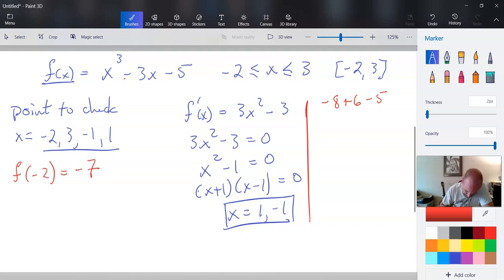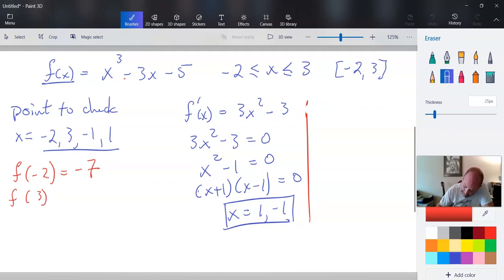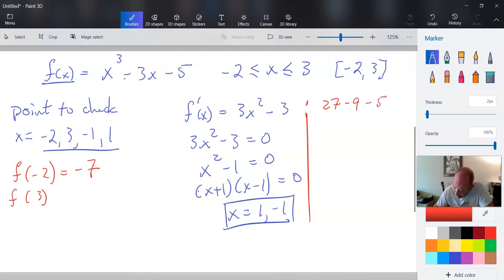Now we're going to plug in 3. I'm just kind of using this for scratch here. So I have 27, because that's 3 cubed, minus 9, minus 5. Okay, and let's see, that would make it 13. Okay, and now let's check our critical points. So those are the endpoints.